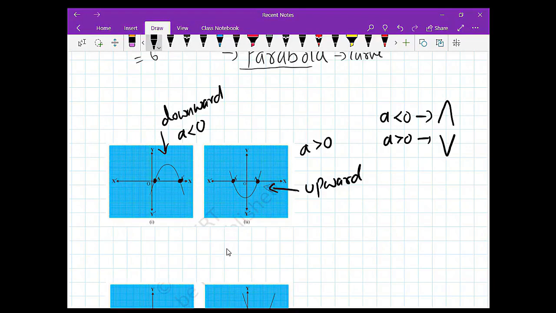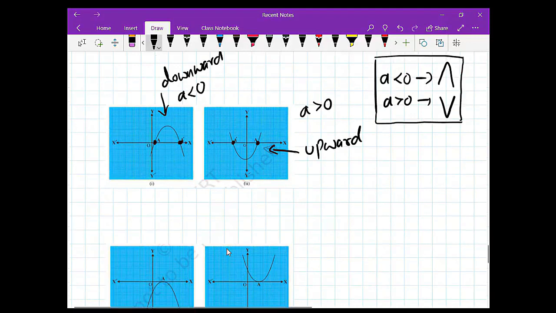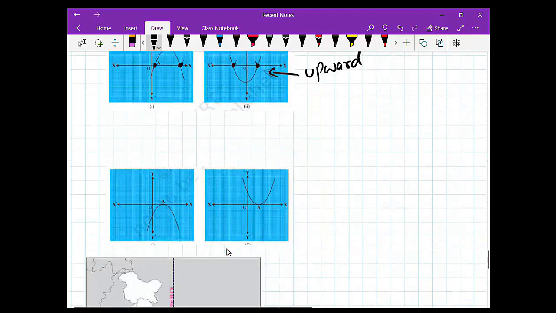Remember, when a is greater than 0, the parabola faces upward. When a is less than 0, the parabola faces downward. Roots are maximum 2. Yes, maximum 2 roots, not more than 2.